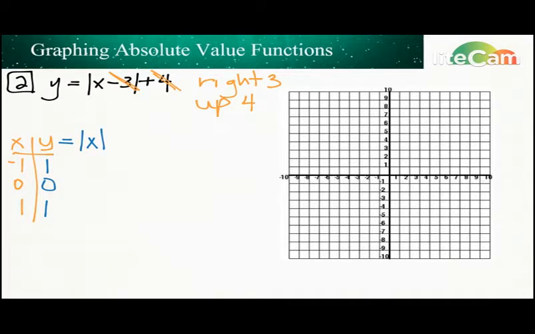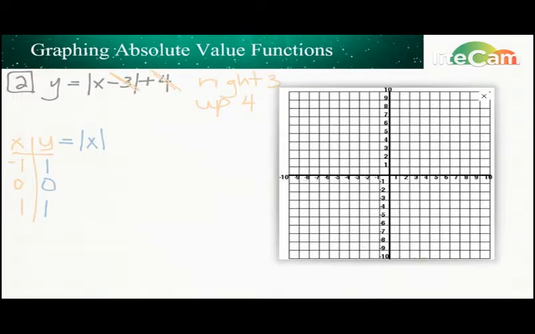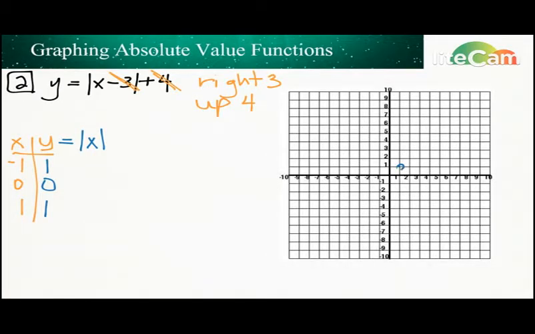Okay, so I'm going to go -1, 1, 0, 0, and 1, 1. Sorry, I did that backwards, but those are all right points. Okay. All right. So now I can graph my equation, but I'm going to move it first. So I'm going to go right 3 and up 4.